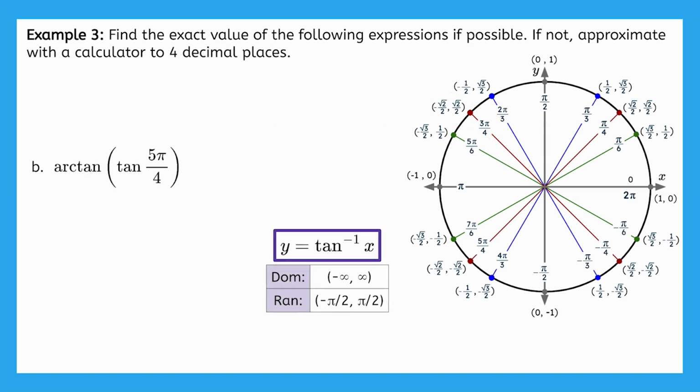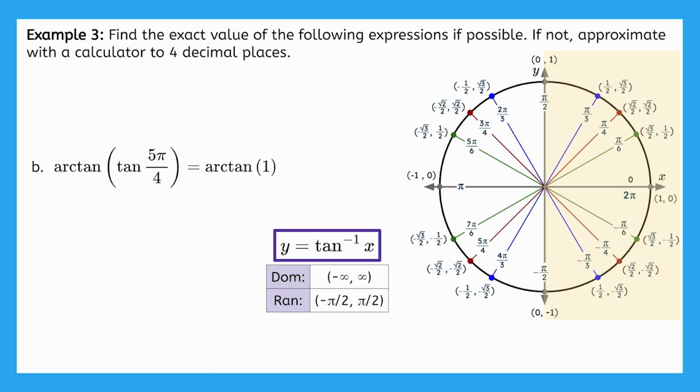To evaluate the second expression, we should first evaluate the inside expression tangent of 5 pi/4, which we can do by dividing the y-coordinate by the x-coordinate of the corresponding point, which results in 1. Our original expression is therefore equal to arctangent of 1. The range of inverse tangent directs us to the right half of the unit circle, particularly from -pi/2 to pi/2.